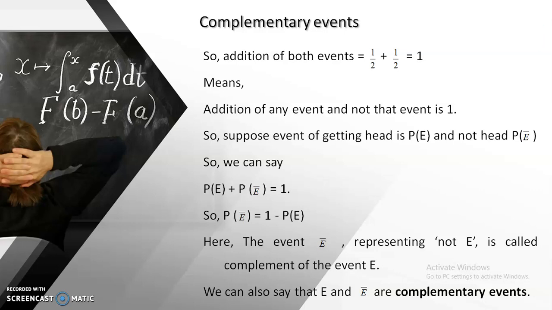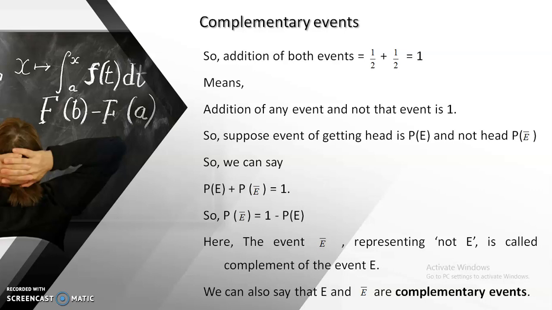So we can say P of E plus P of E bar, where E bar is the complement of head or the complement of any event, equals 1. So the total is always 1.